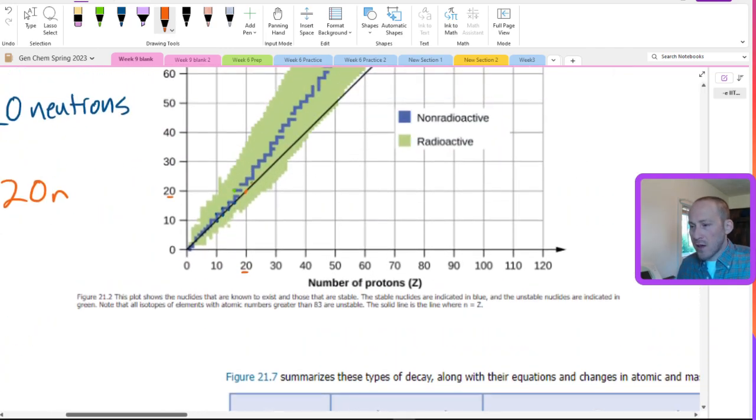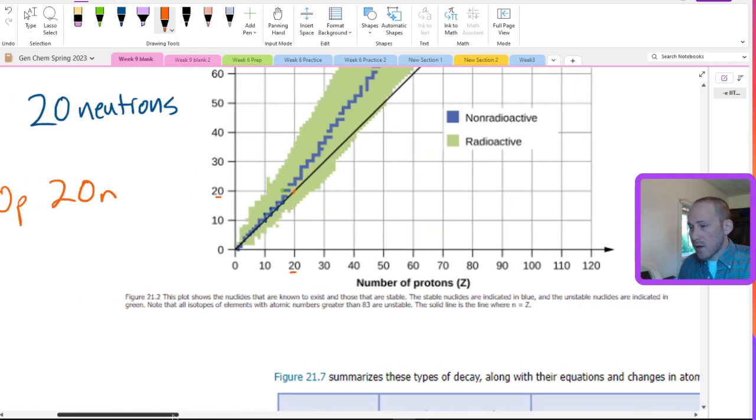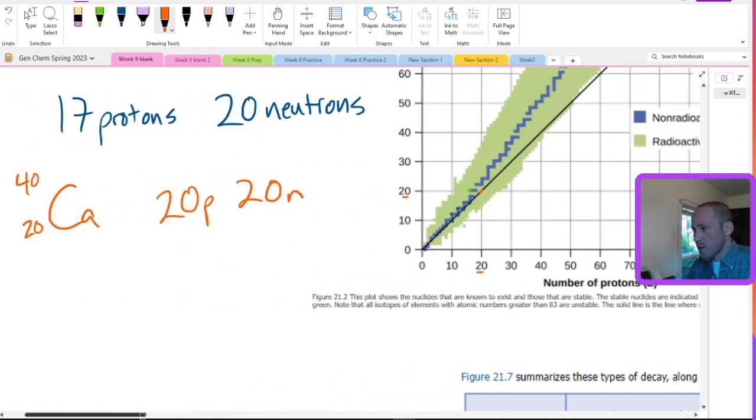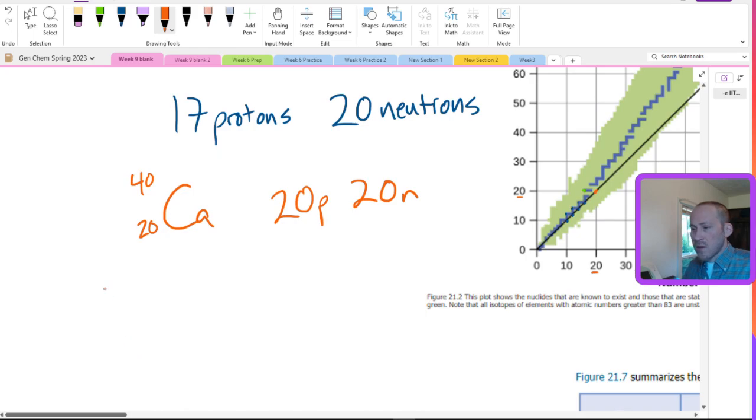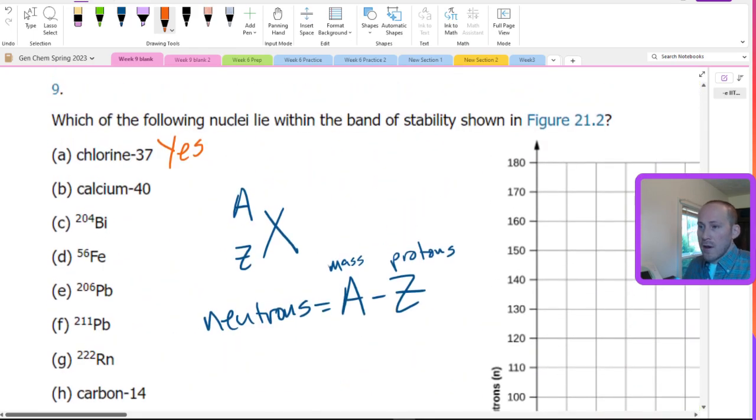We could speculate about what it would do, if it would become some sort of chlorine over here or what. And I think we are going to speculate about such things, but for now we're just determining if it does or doesn't lie within the band of stability. So this one is also a yes, but this one's radioactive, and chlorine was not radioactive.